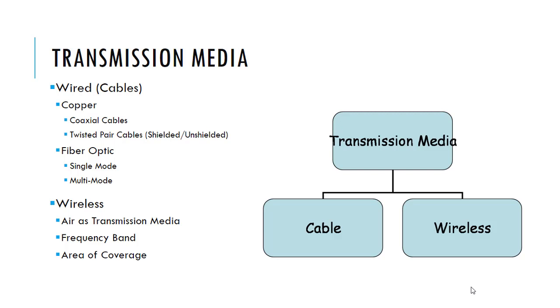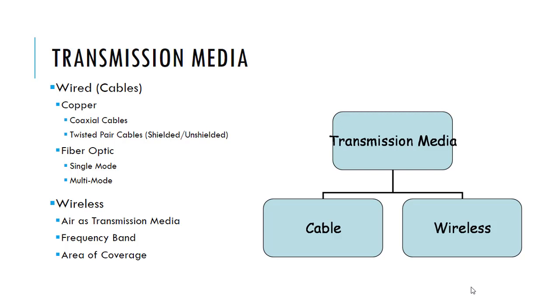The fiber optic cables do not transmit electricity, they transmit light. Light moves in the fiber optic cables in the form of single mode light or multi-mode light. The difference between single mode and multi-mode is in the capacity and the speed of this cable.